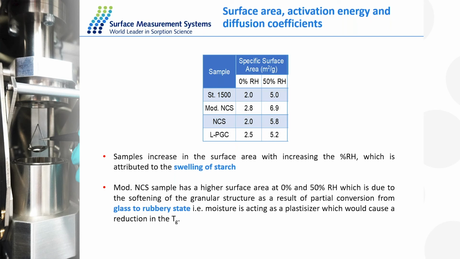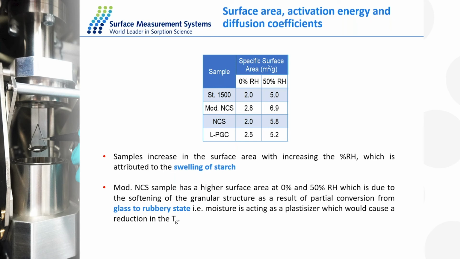So also what's quite interesting here is that in the table, the NCS, which hasn't been gelatinized, and the modified NCS, which has been completely gelatinized, has a very high surface area, and also high surface area at both 0% and 50% RH.